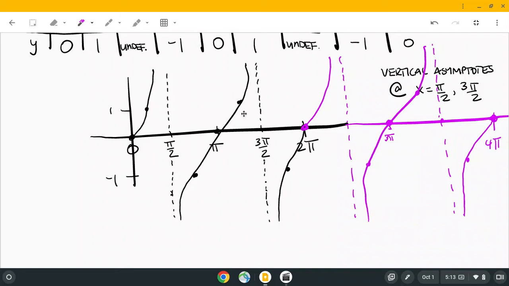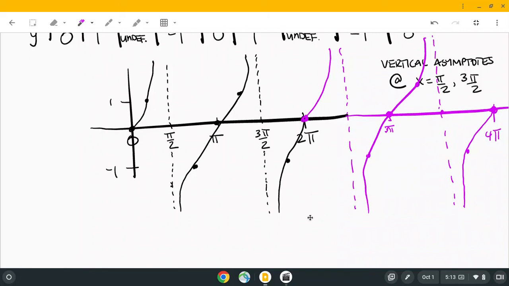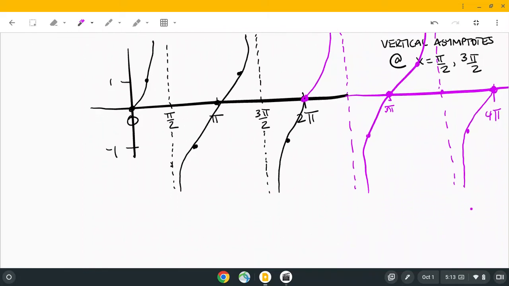Upper, bottom, upper, bottom, upper, bottom. So really, the repetition starts after pi. The period here is pi. Let's write that down. It repeats after pi. Again, hopefully you see it. Here's the upper, here's the bottom. Here's the upper, and here's the bottom.